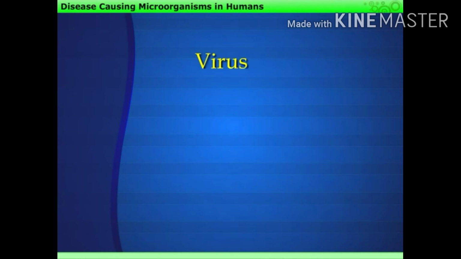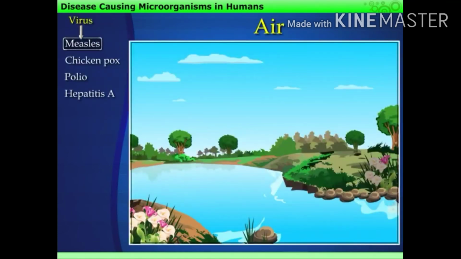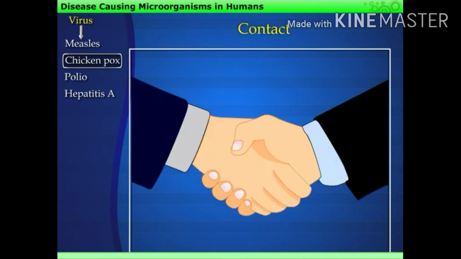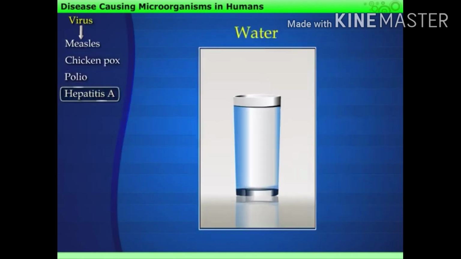Diseases caused by viruses are measles, chickenpox, polio, and hepatitis A. Measles, chickenpox, and polio spread through air. However, chickenpox can also spread through contact and polio through water. Hepatitis A spreads through water only.